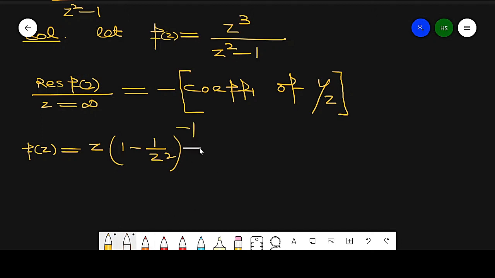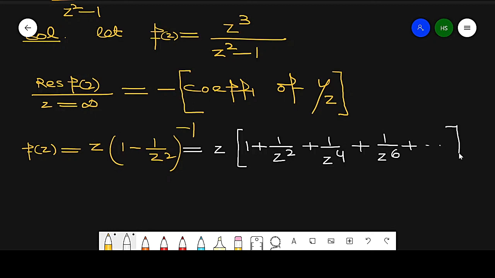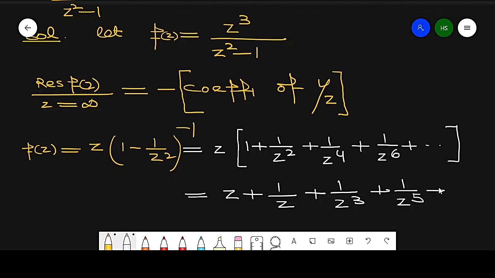Now this can be expanded as 1 plus 1 by z square plus 1 by z raised to power 4 plus 1 by z raised to power 6 plus and so on up to infinity. So this will become z plus 1 by z plus 1 by z cube plus 1 by z raised to power 5 plus and so on.